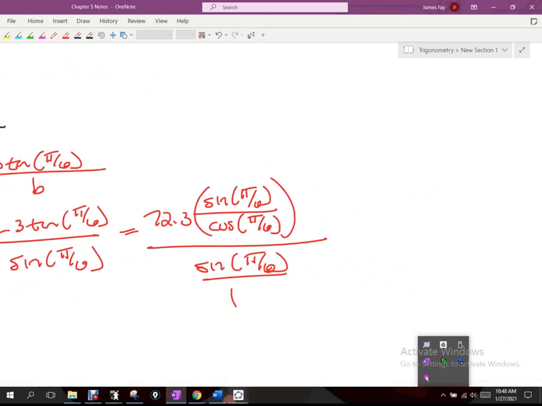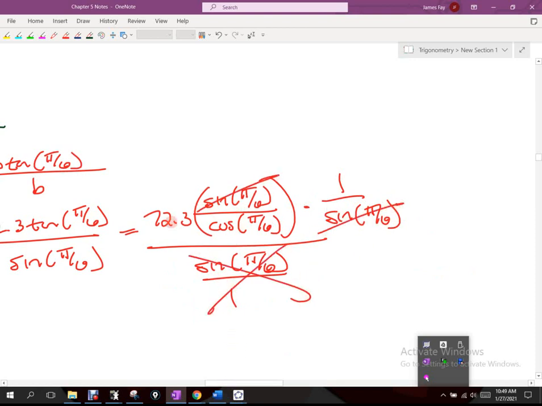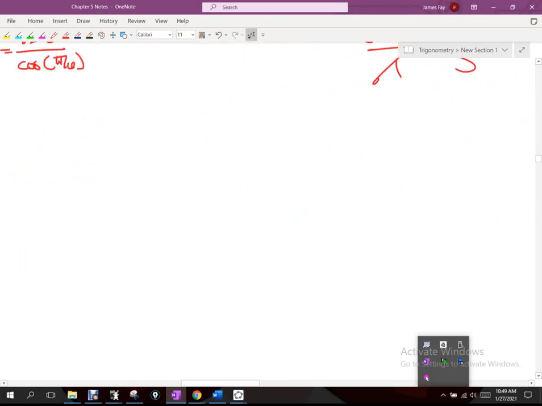Multiply by the reciprocal, right? I'm going to take that reciprocal, which would be 1 over sine of pi over 6. What happens to that sine of pi over 6 in that one? Cancel this one away. I have 72.3 times 1, and then on the bottom, I just got cosine pi over 6, right?